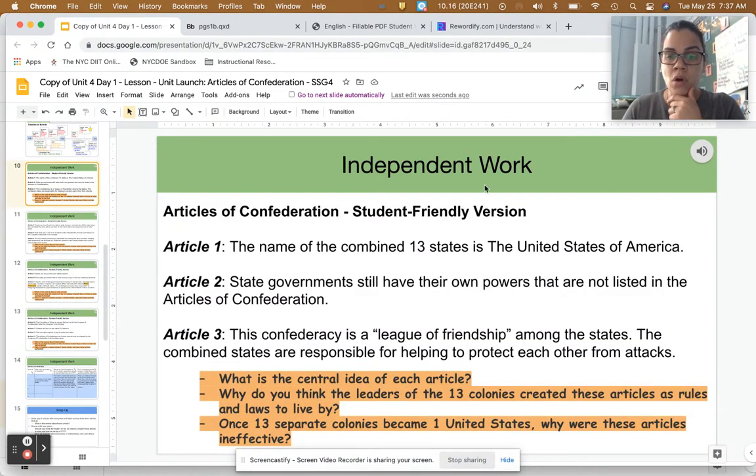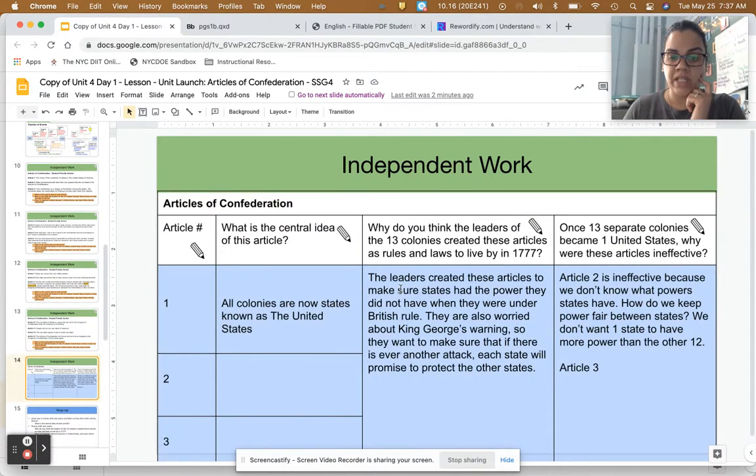Then we thought about all the articles on the slide, right? And we thought, why did the leaders create these articles as rules or laws to live by? And we jotted our response here. And then finally, we thought about, once the 13 separate colonies became one United States, what would be the problem with these articles? Why were these articles ineffective or not working?